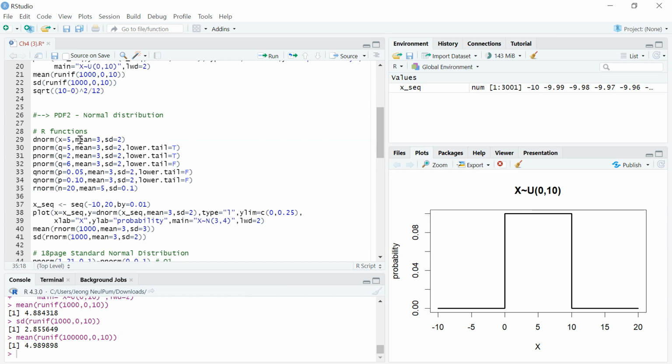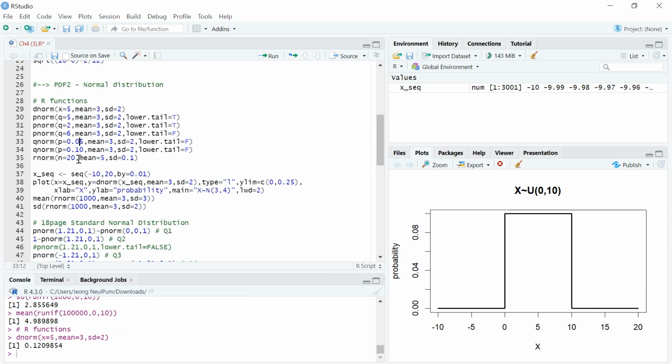So for example, when you want to get the density when our normal distribution has a mean value of 3 and standard deviation of 2, when our x is equal to 5, the density is about 0.1209. So we can always get the density or percentile like this.